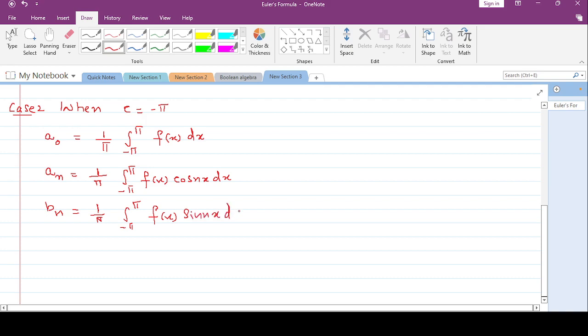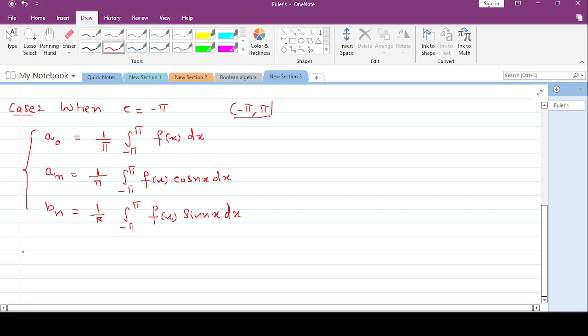When the c value is minus pi, in that case the interval is minus pi to pi. Now you notice one thing, that whenever the interval is minus pi to pi, we calculate a naught, a_n and b_n like this.